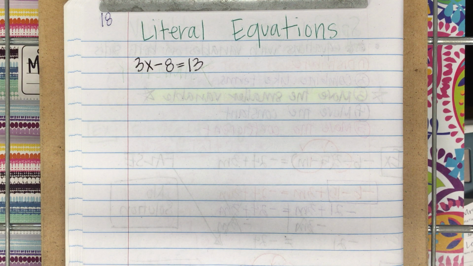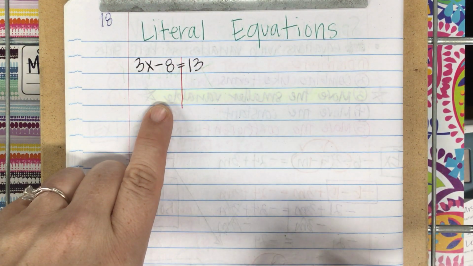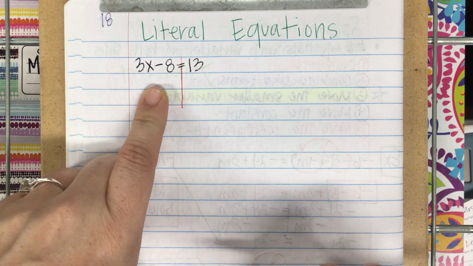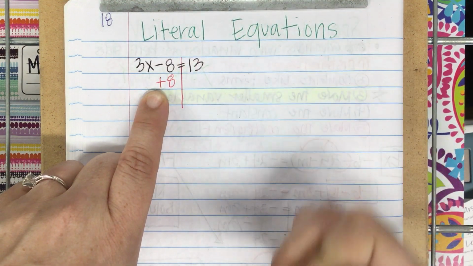Now, I get it. Most of you don't need to show your work to solve this problem, but for the sake of humoring Mrs. Long, we would draw a line down the equal sign. I mean, let's go real old school. We're going to add 8 because that's my constant, right?